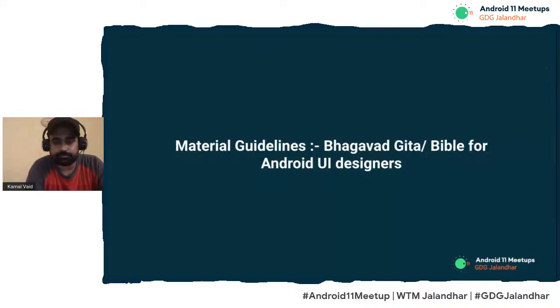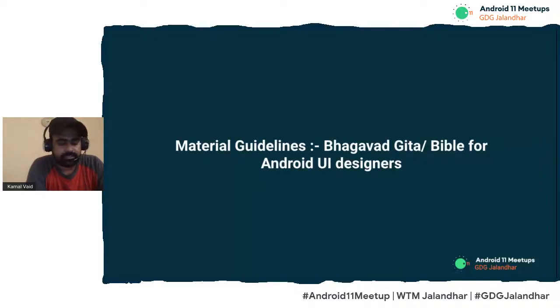The very first thing that comes to our mind is following the standard guidelines available for Android. It is very similar to web as well. We have material guidelines available in web, and similar guidelines we also have for Android. Those are material guidelines.